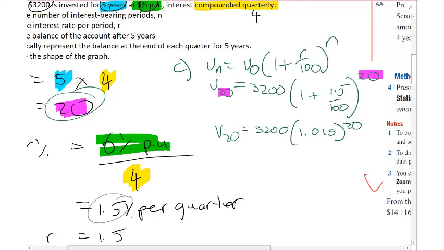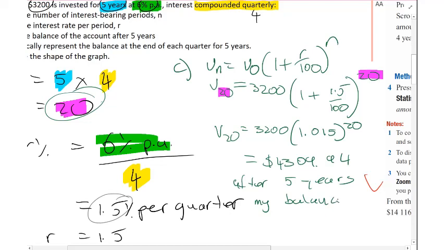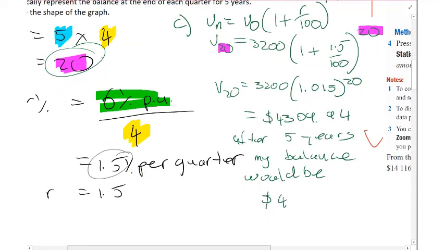And then you put that into your calculator and you'll get a value of 4309.94. So my balance after 5 years would be 4309.94.